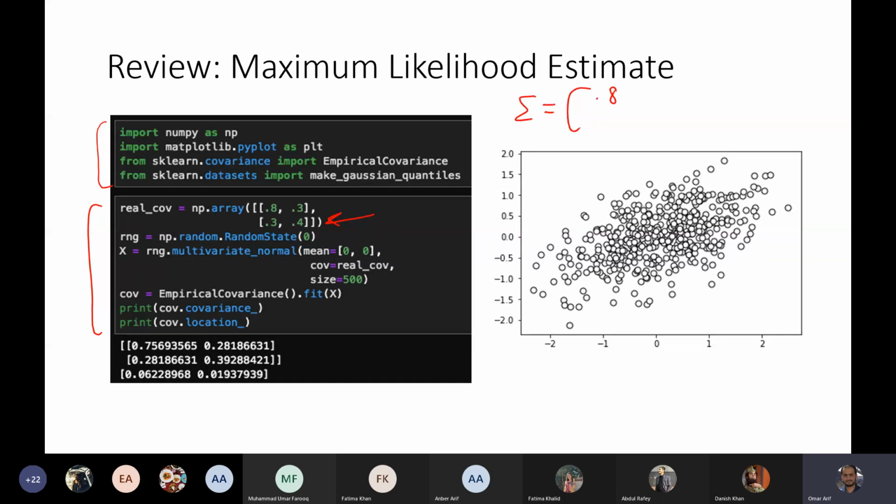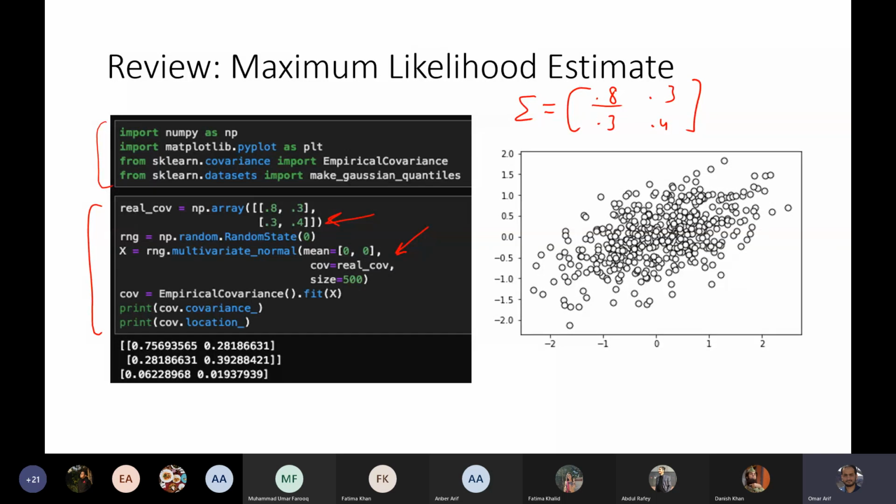So this is my covariance matrix, and then I generate random points from a Gaussian distribution with mean at 0, 0 and the covariance matrix given by this matrix, and I tell the function to generate 500 sample points.